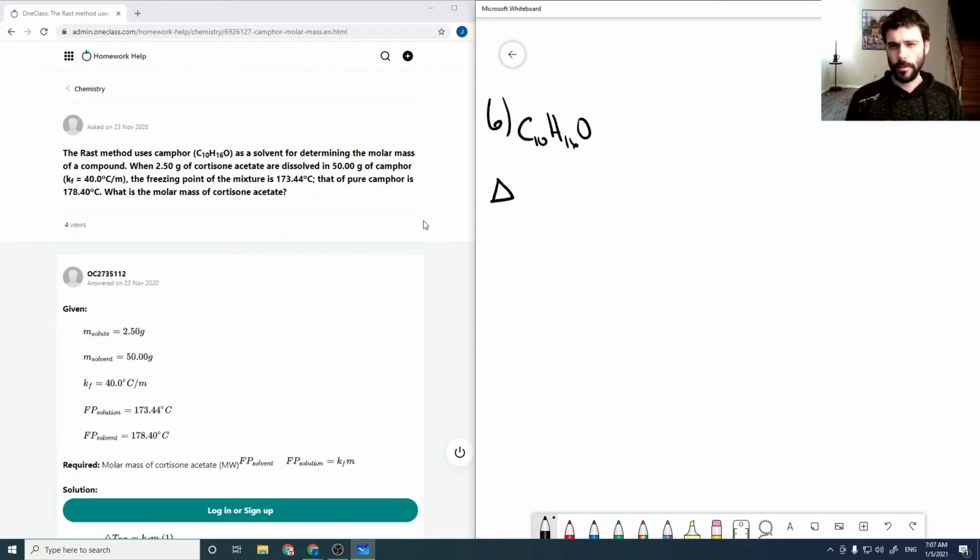So our freezing point depression equation is just our freezing point depression constant, Kf, times our molality of our solute, where our molality is in moles of solute over mass of solvent.